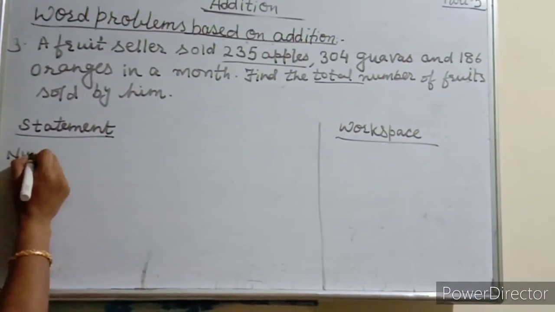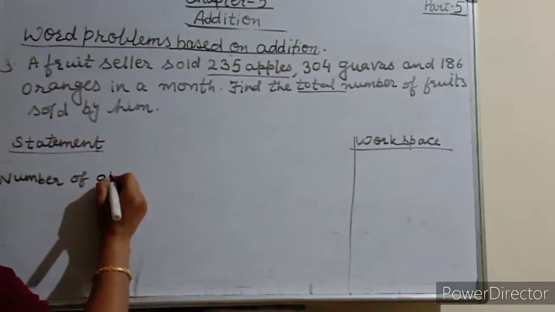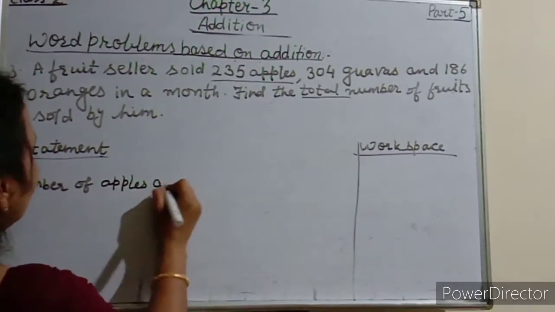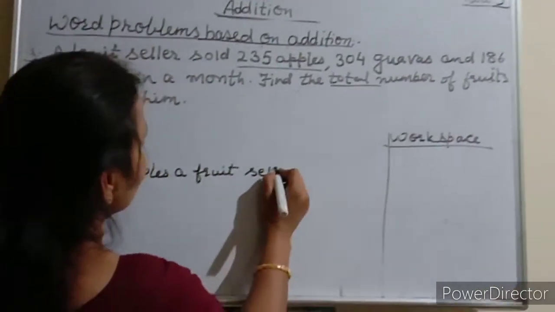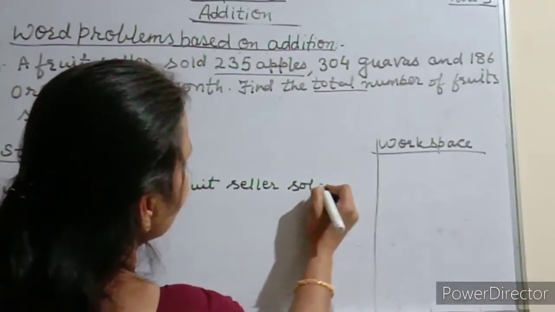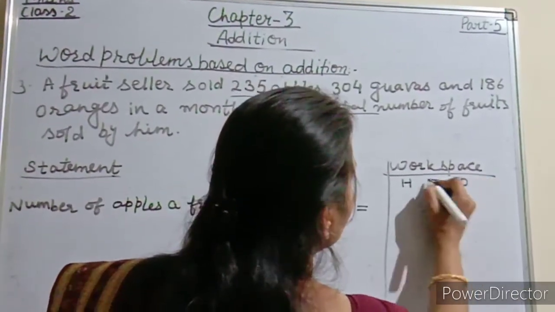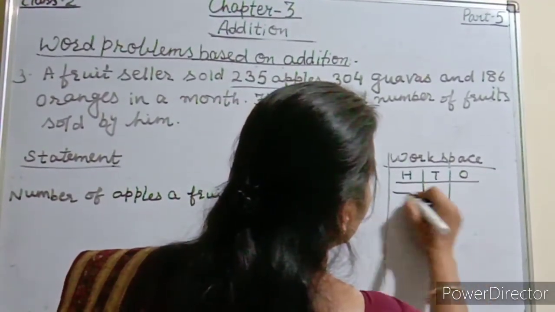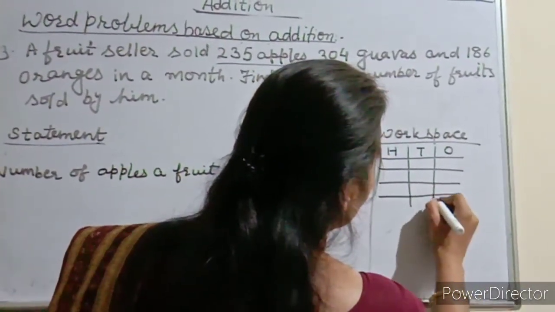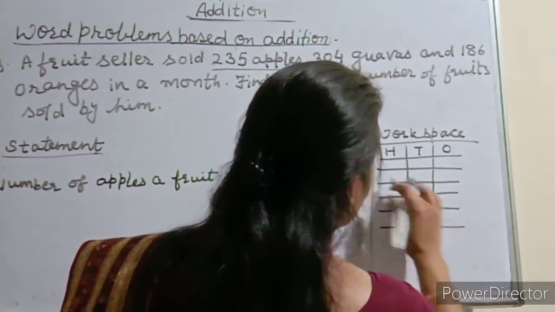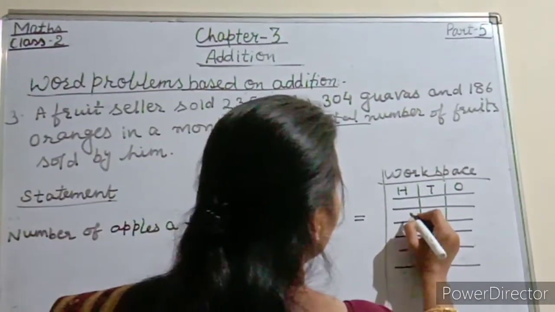Number of apples a fruit seller sold is equals to 235.